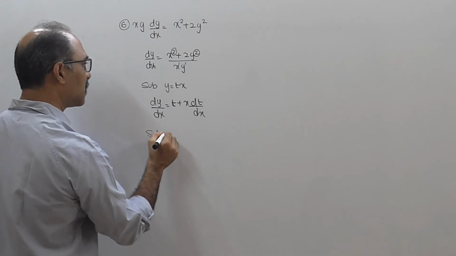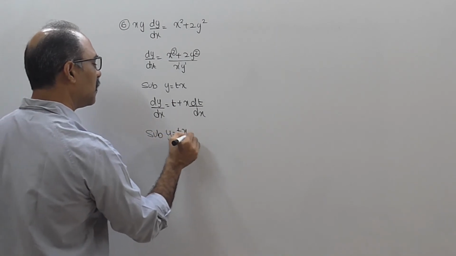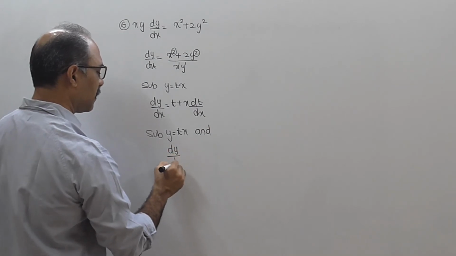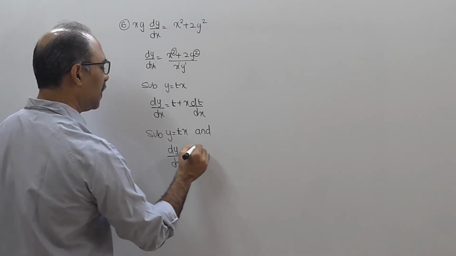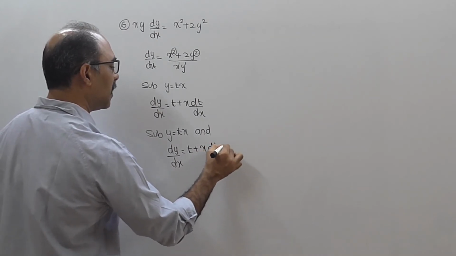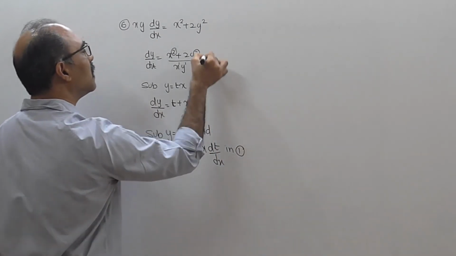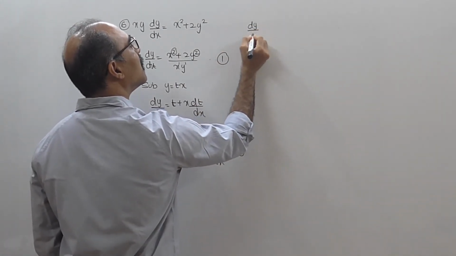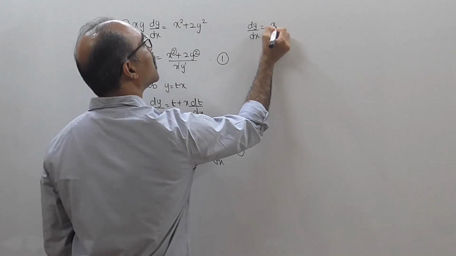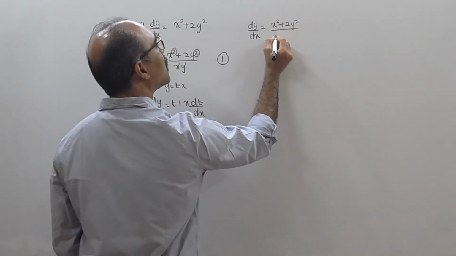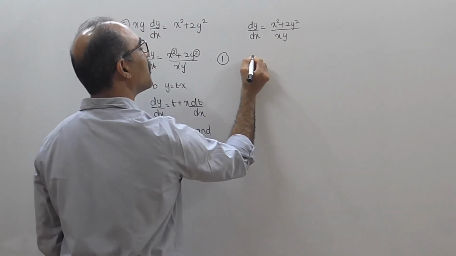Now what I will do is I will substitute y equal to tx and dy by dx equal to t plus x dt by dx, where in 1 you give this as 1, so we get dy by dx equal to x square plus 2y square upon xy.